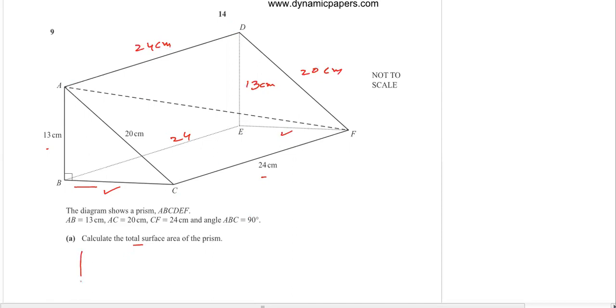So let's first consider this triangle here. If I have this A, this B, and this one is C, this is a right angle. This is 13, this is 20. So find this one using the Pythagoras theorem.